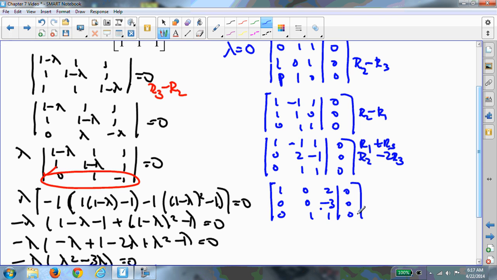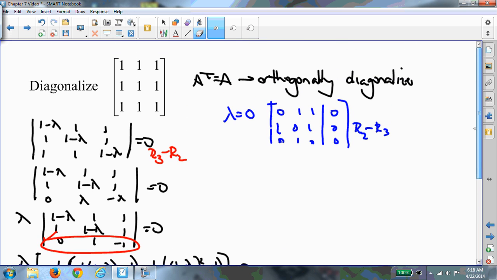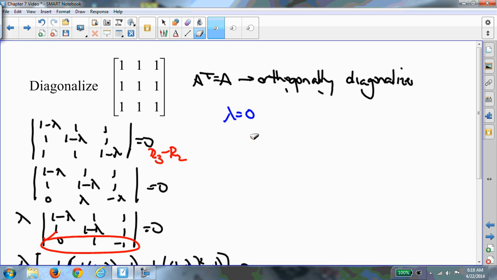And I think I messed up. Actually, I did. Sorry about that, folks. I just realized I got carried away. So lambda equals 0, not lambda equals 1. If I do lambda equals 0, it's actually a lot easier. It would just be 1, 1, 1, 1, 1, 1, 1, 1, 1, augmented with 0, 0, 0.